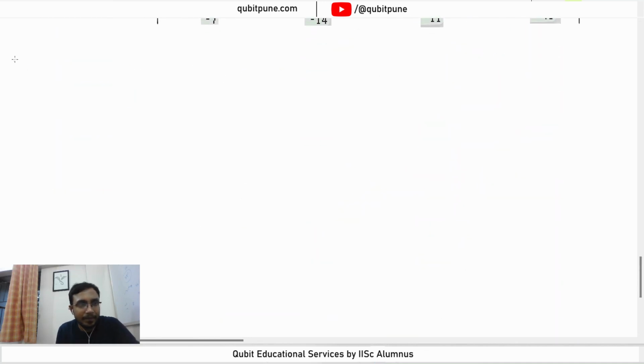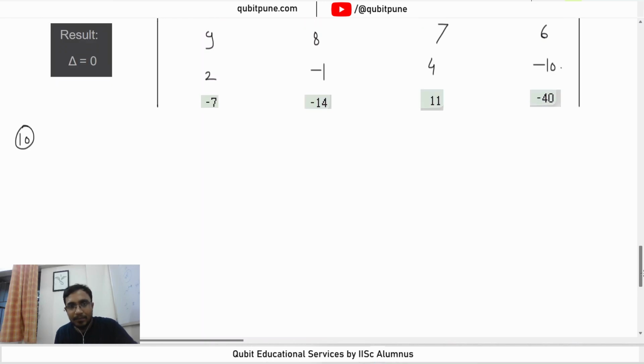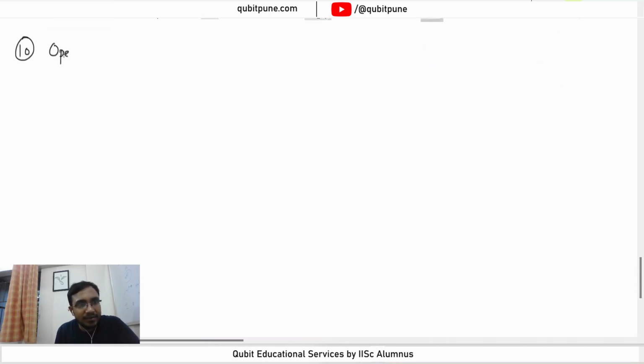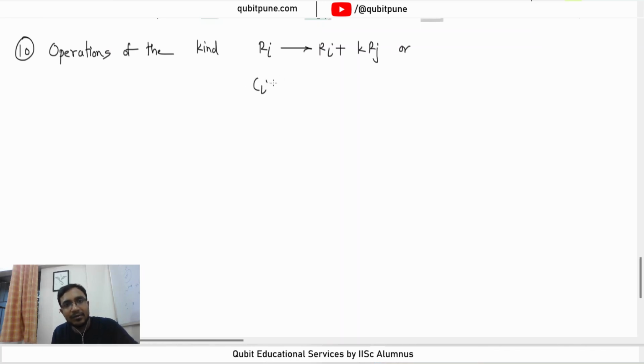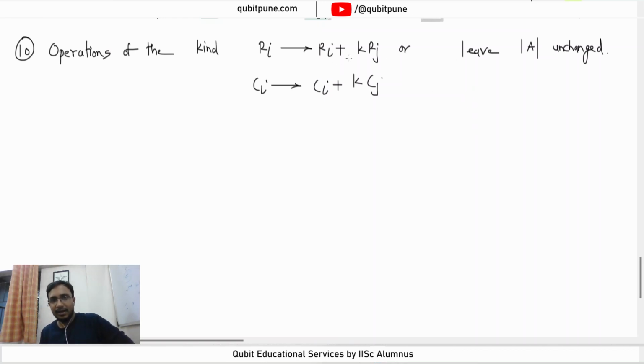Then point 10. Operations of the kind Ri transforming to Ri plus K Rj, or Ci transforming to Ci plus K Cj, leave the determinant unchanged.